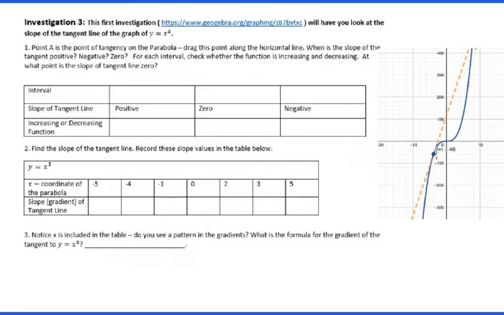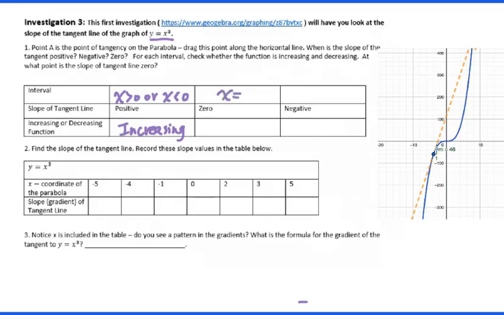Let's go to investigation 3. This is about y equals x to the third power. And when x greater than 0 or x less than 0, the slope of tangent line is positive. And you could see the graph is increasing. For all x, it's all real numbers.